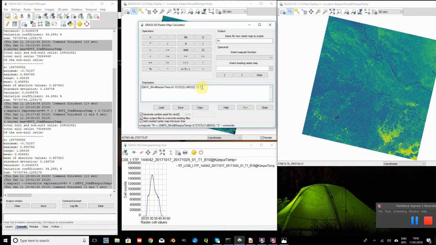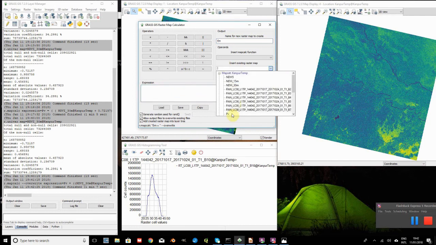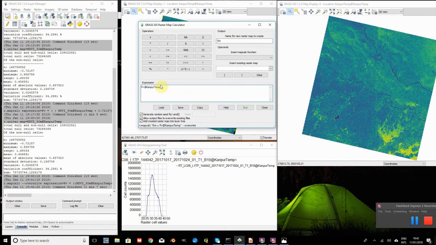Okay, so now clear this up. The new raster is going to be called M. We don't have access to Greek letters in GRASS, so you might as well use something a bit more simple. So insert a raster map, PV, times 0.004 plus 0.986.